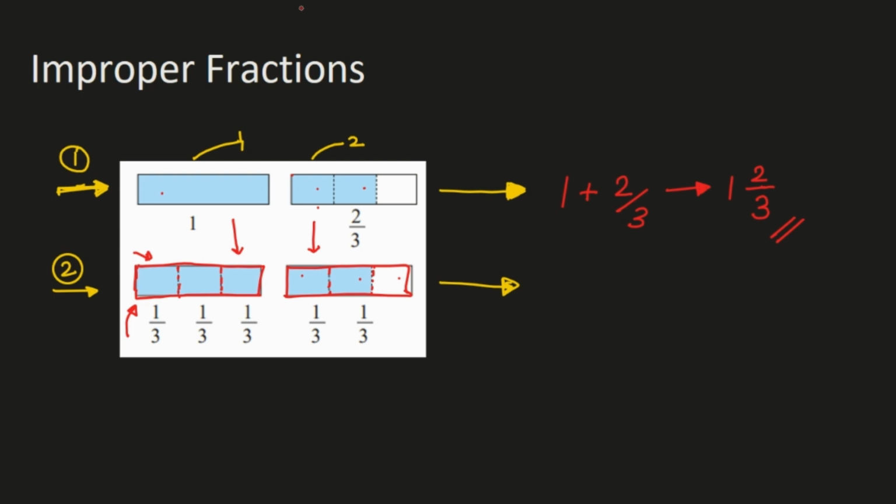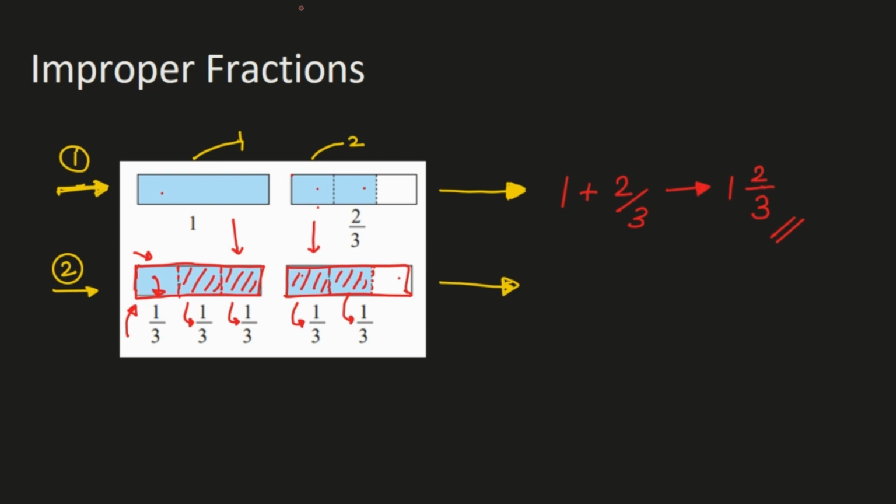This figure can be divided into three parts, and one part can be represented as 1 upon 3. And this part also can be represented as 1 upon 3. And this part also as 1 upon 3. What about this? This part also, when we take them separately, we can write it as 1 upon 3. It is the same for this one as well. It's 1 upon 3.